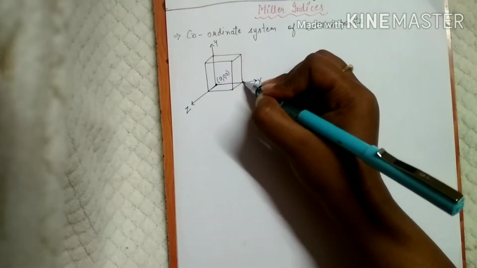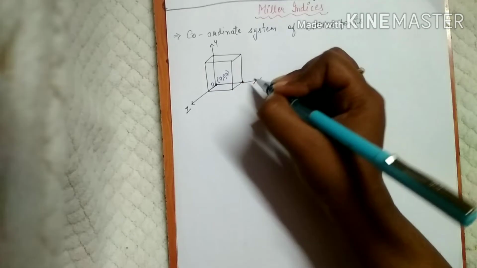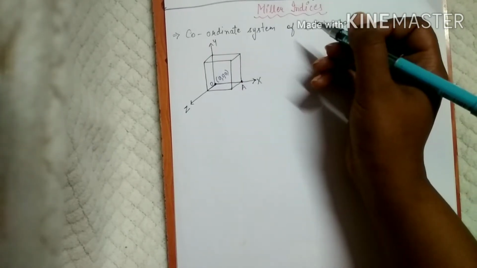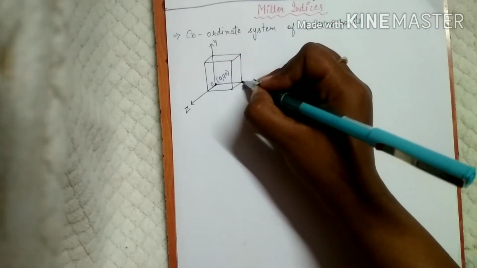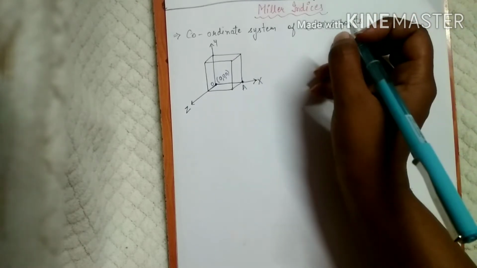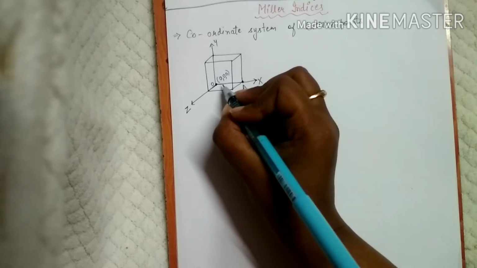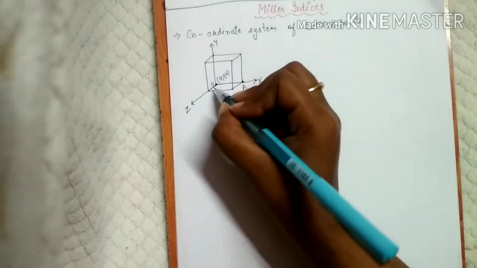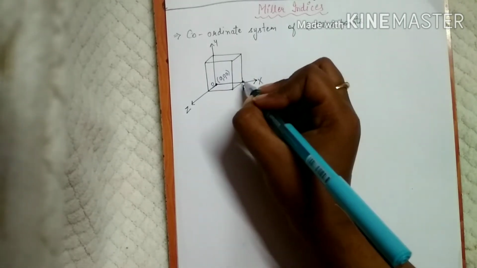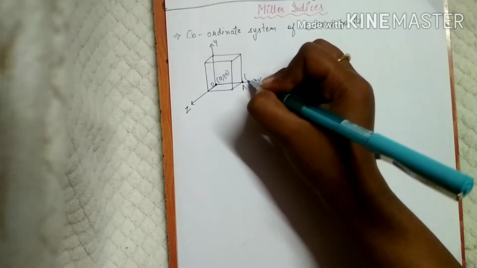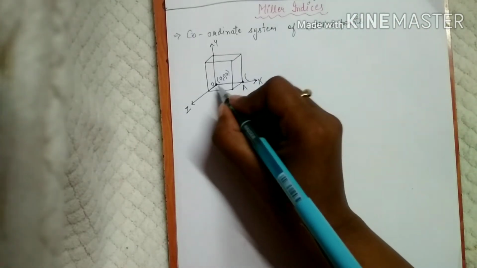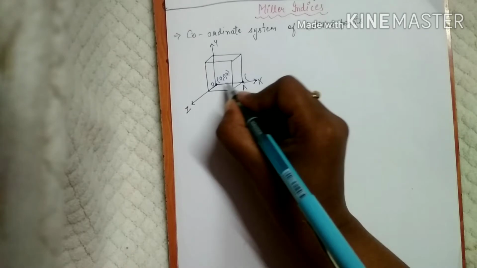Suppose the next lattice point is this. Suppose this is O, and this is point A. Now I want to know the coordinates of this lattice point. So what I have to see is how much I have to move towards the x, y or z axis in order to reach point A. Here you will see that in the x axis you have to move this much distance OA.